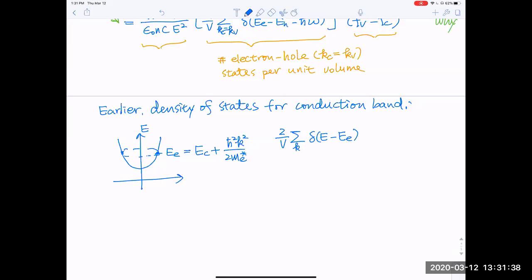We derive this by physically counting the states in a shell in a hemisphere in 3 dimensions. We convert this into an integral of density of states, and we integrate over the density of states. Okay, so this is the electron density of states.